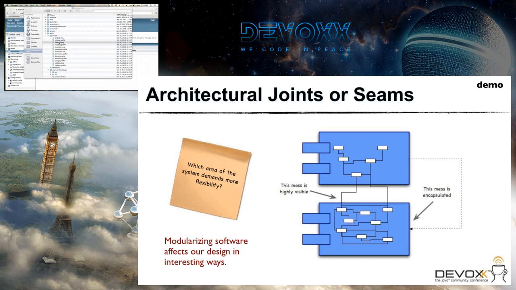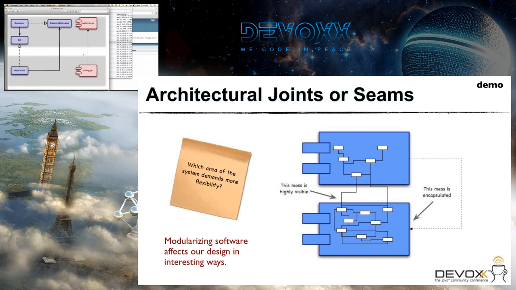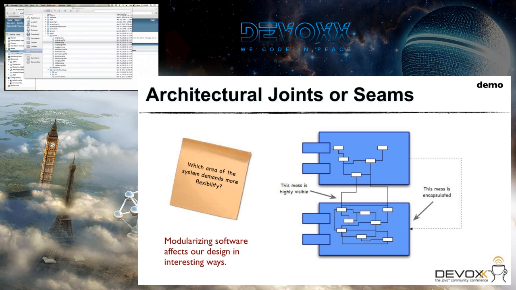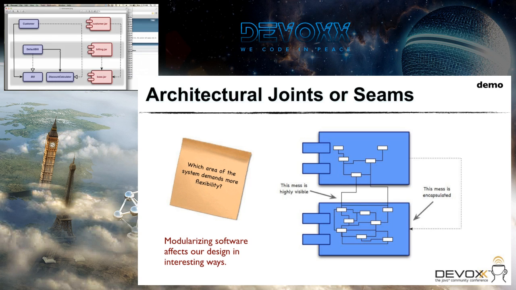I can actually, by introducing an abstraction, a couple of abstractions, completely reverse the relationship between the two modules. Prior to this, the customer module was dependent on billing. This time, billing is dependent on customer. In fact, if I want to, I can completely eliminate the relationship between the two modules.